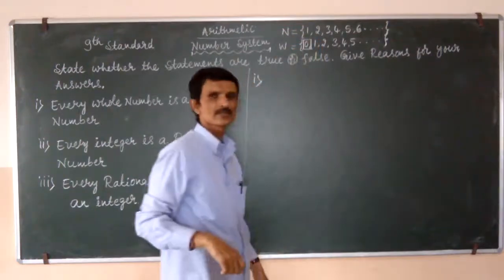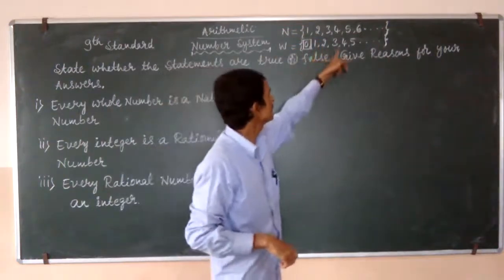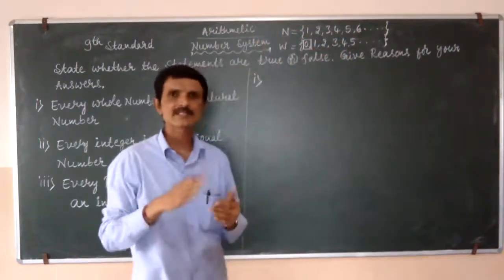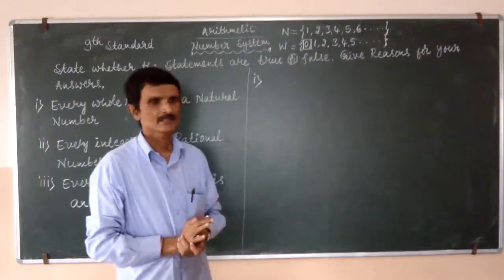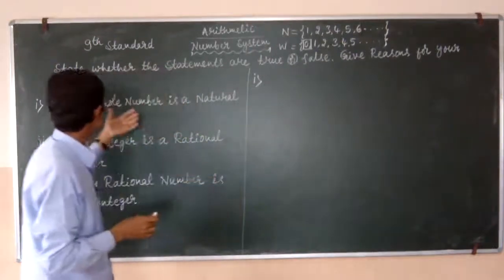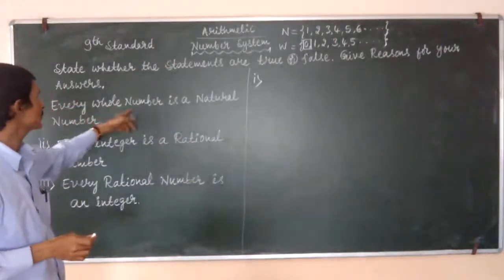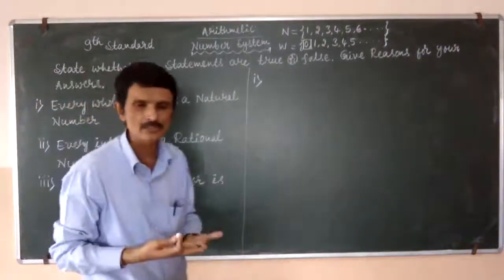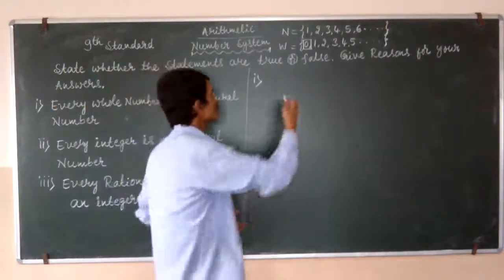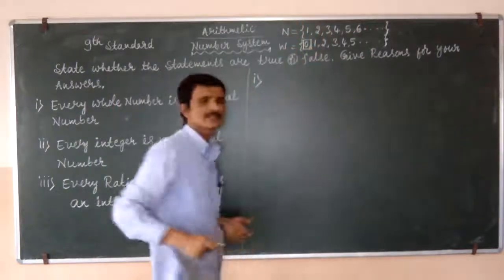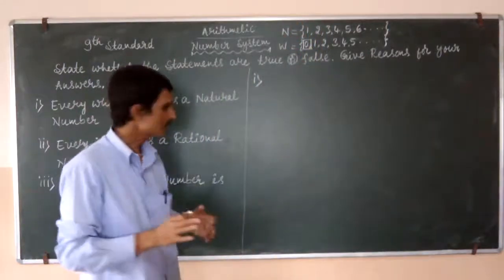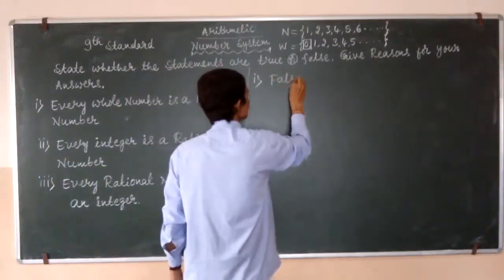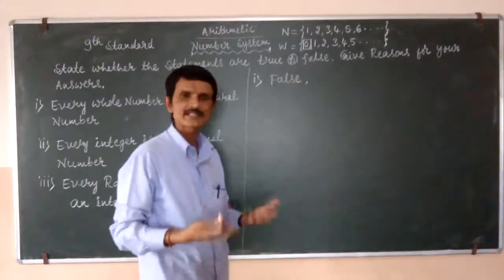Except 0, all the numbers which are present in the whole numbers are present in natural numbers. So this statement is exceptional because 0 is not included in the natural numbers. Therefore, this statement is false. Why is it false?